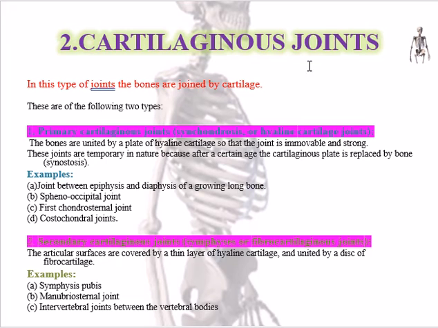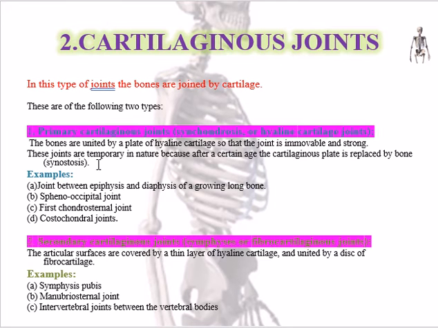Second, cartilaginous joints. In this type of joint, bones are joined by cartilage. There are the following 2 types. Primary cartilaginous joint, also called synchondrosis, or hyaline cartilaginous joint. Basically in this type, the bones are united by a plate of hyaline cartilage so that the joint is immobile and strong.